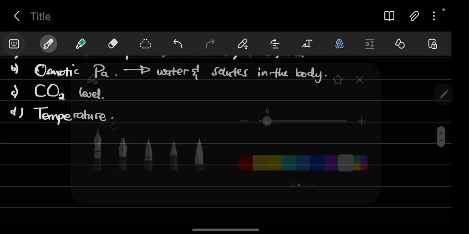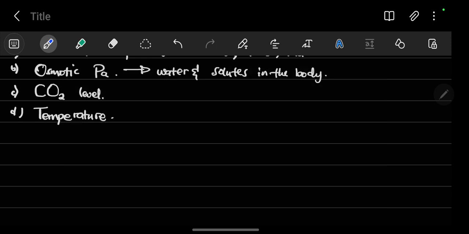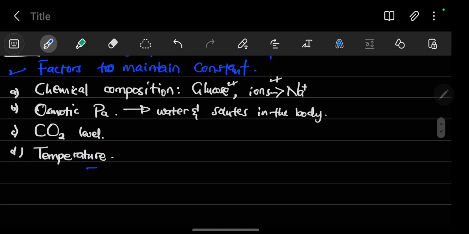So what are the importances of homeostasis, when you're told to state them?